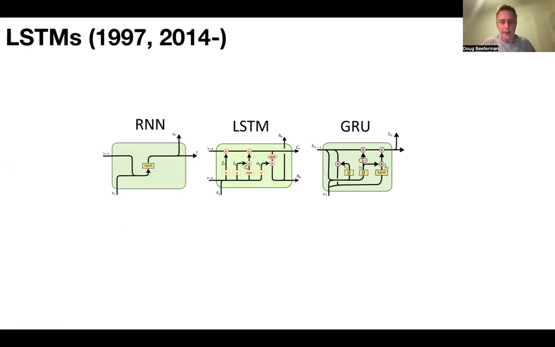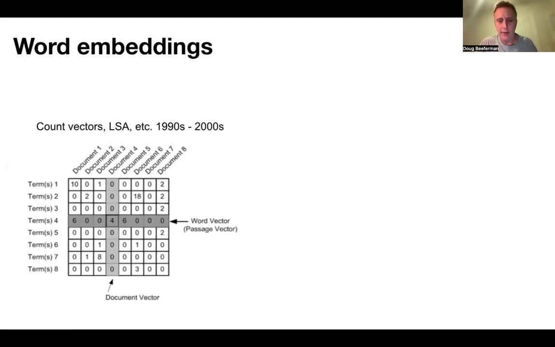So a big achievement in language modeling occurred around 2014, when the LSTM, an architecture introduced in the late 90s, was applied to the language modeling problem. LSTMs solved the problem of vanishing gradients and other problems, and I won't discuss the details here.